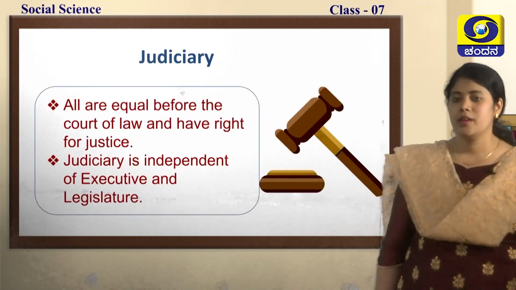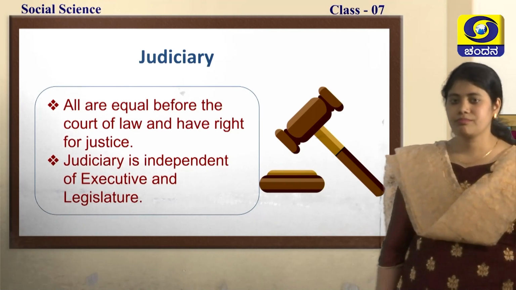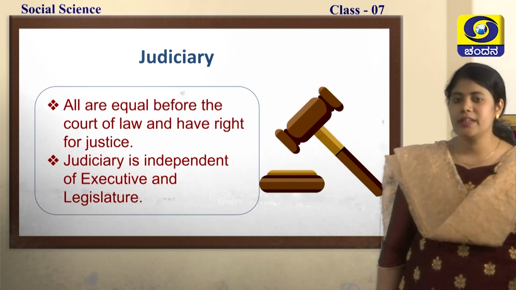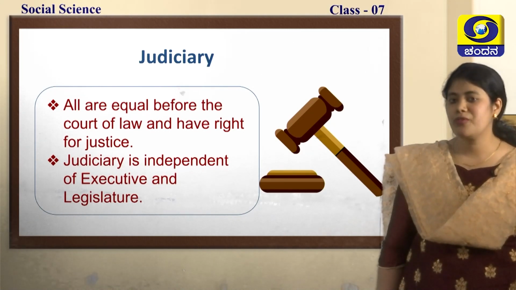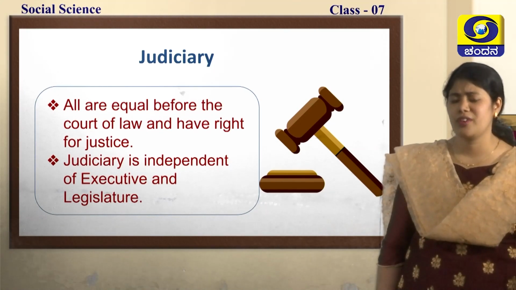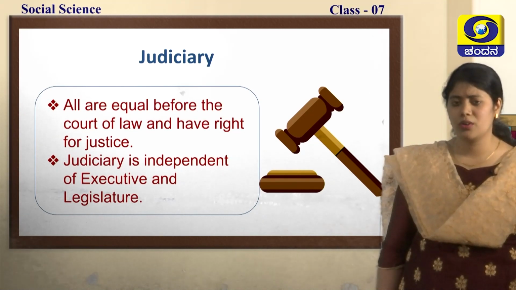Yes. Okay. Now, another feature is judiciary. I told you in the preamble itself. So, judiciary, all are equal before the court of law and have right for justice. So, every citizen is equal before the law. Okay.